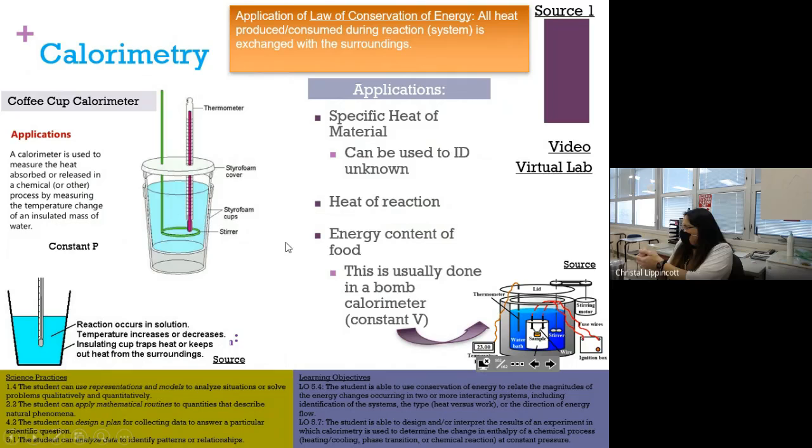What is the temperature of the metal if it's in boiling water? What is the temperature of boiling water? I'm trying to think. The 298? No, it's 212 Fahrenheit. We're not in a Fahrenheit world. We're in a Celsius world. What is the boiling point of water in Celsius?